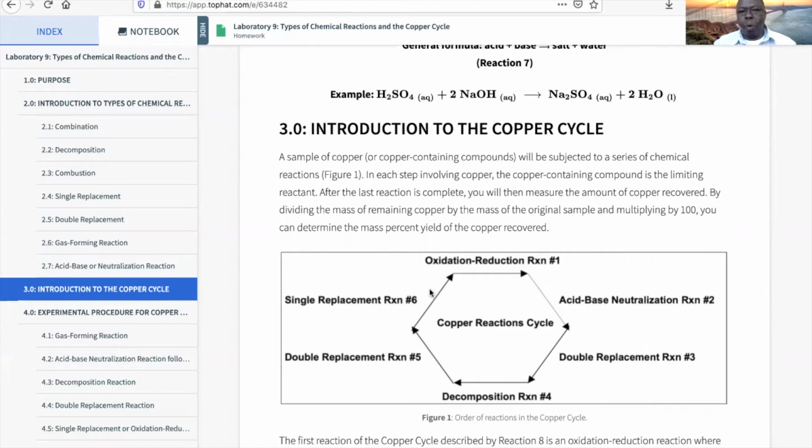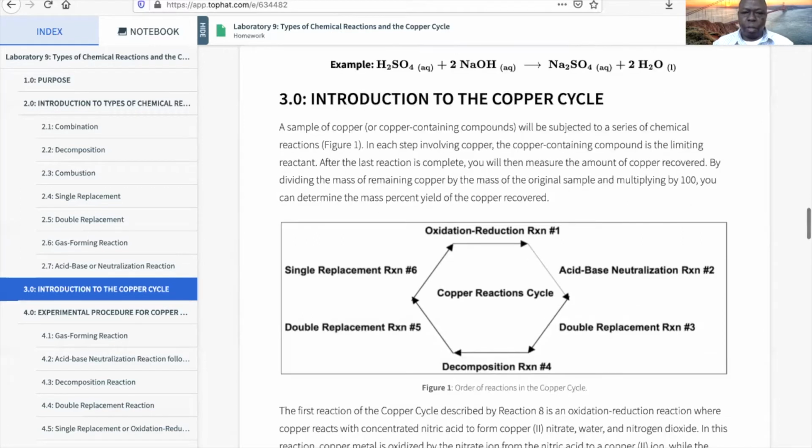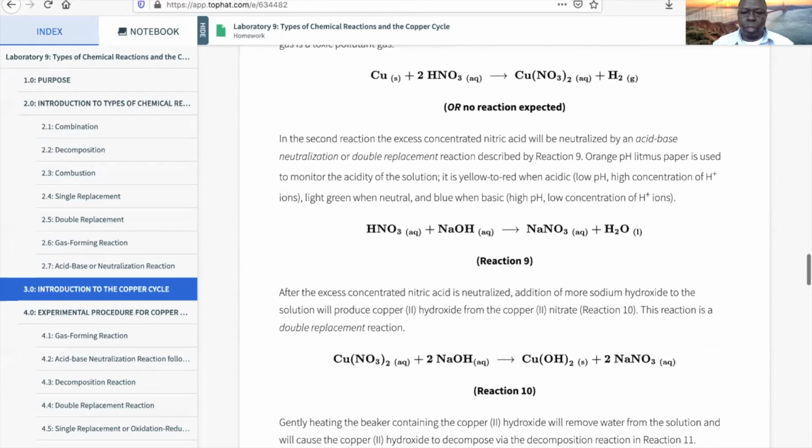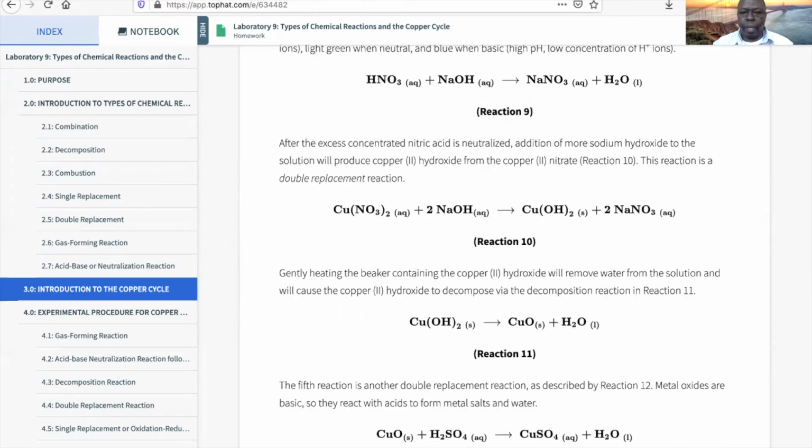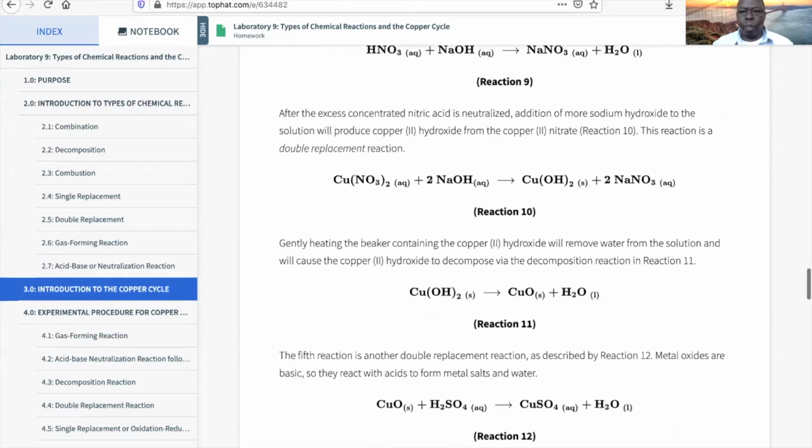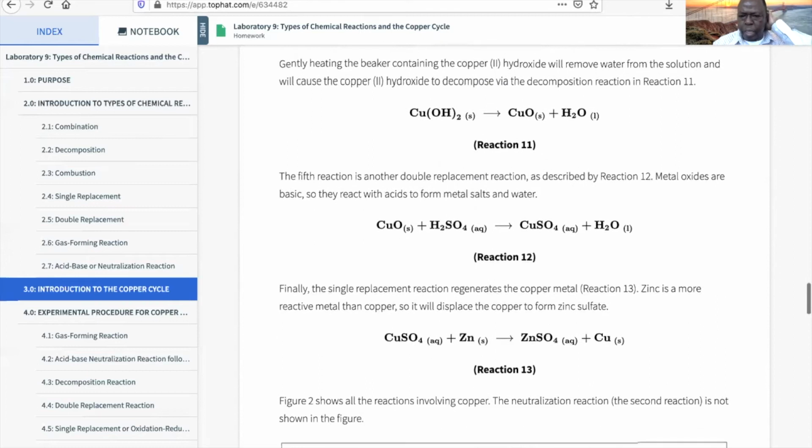There are chemical equations in the lab manual from number 1 through 13. You need to refer to those chemical equations. They are numbered, all right? Number 1, number 2, all the way to number 13. It's 13 right here.